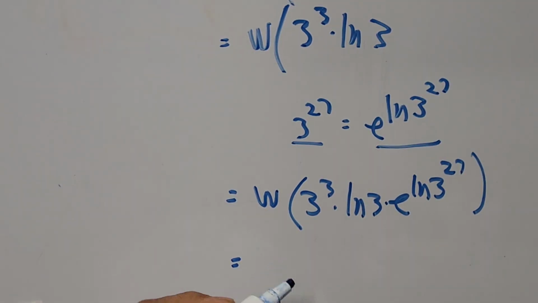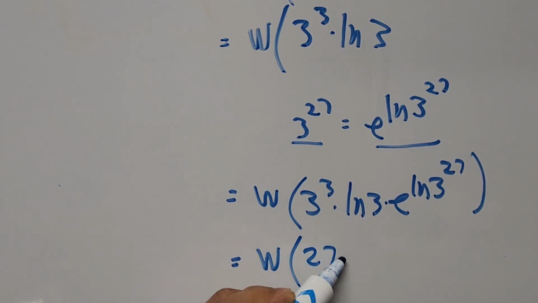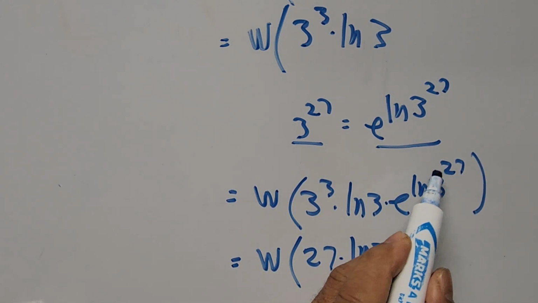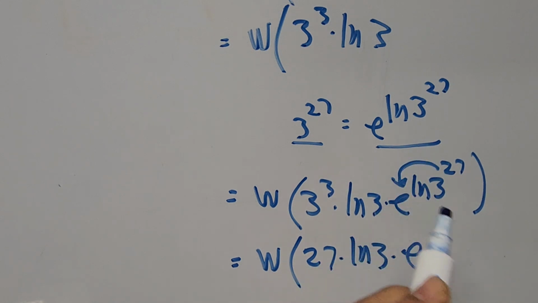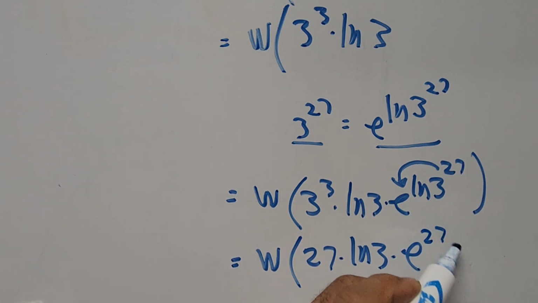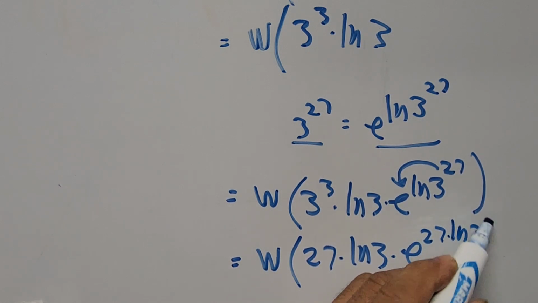Simplifying further, 3 to the power of 3 is 27 times natural logarithm of 3 times e to the power of our exponent 27. We can move that to the front, a property of logarithms, so we have e to the power of 27 times natural logarithm of 3.